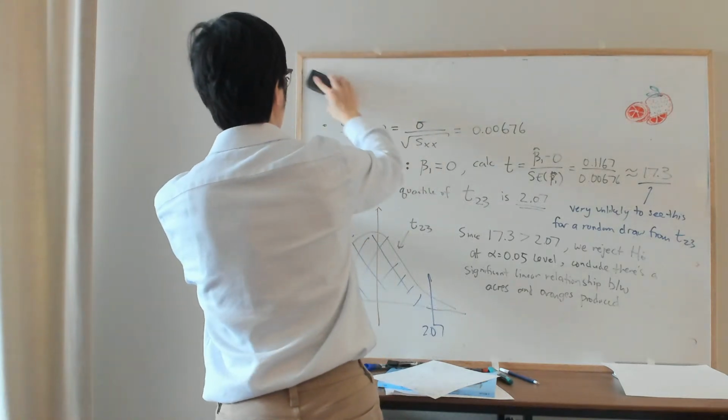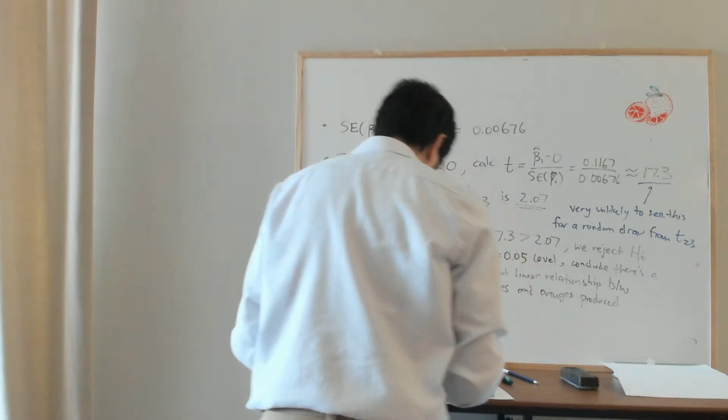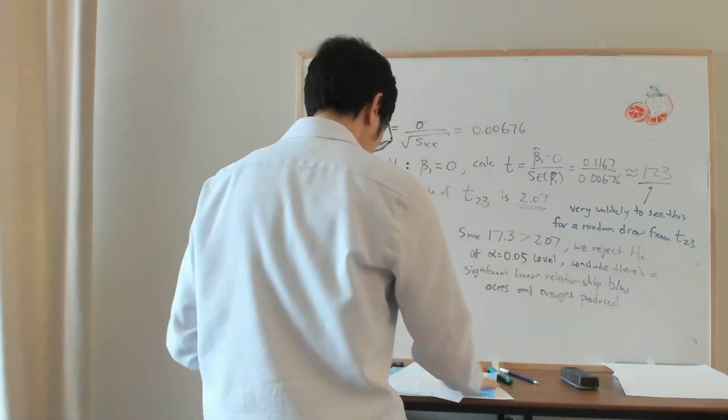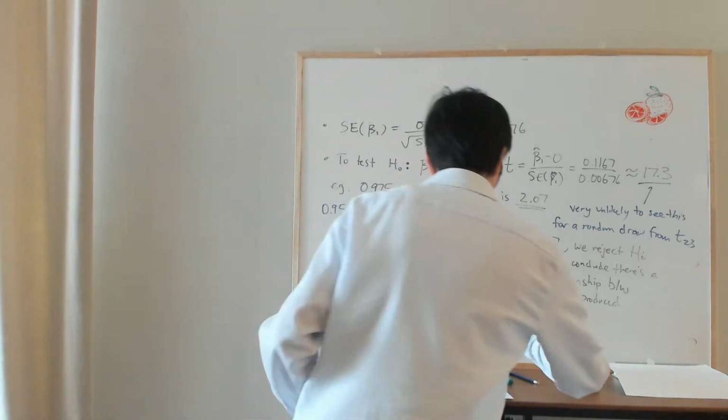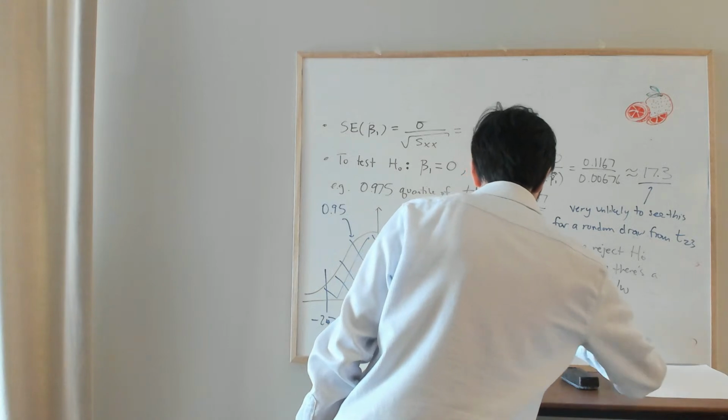Okay, so while we're at it, let's also compute a confidence interval and also a p-value. Okay, so a 95% confidence interval for our slope.